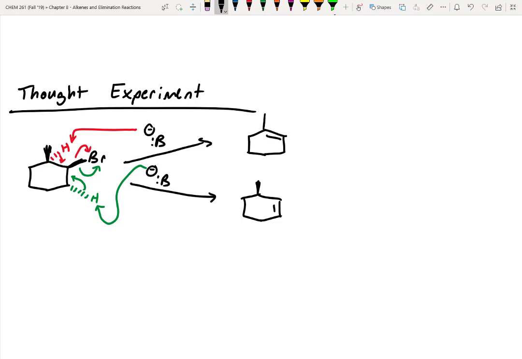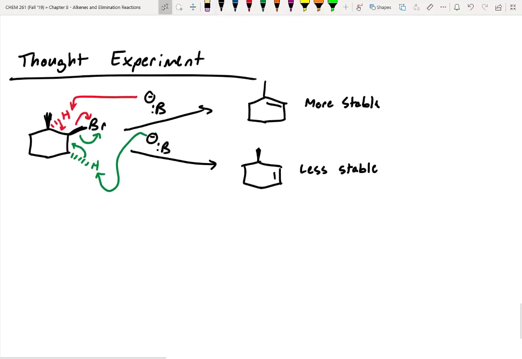And we said that this one is more stable, and this one's going to be less stable. All right, which one is our thermodynamic product? Who remembers talking about thermodynamic products? Remember, Stacy? So how do we define a thermodynamic product?